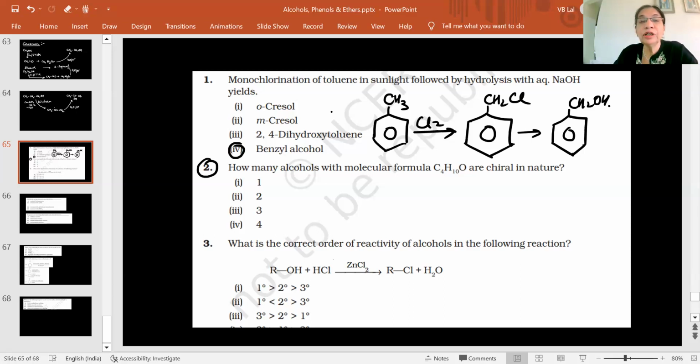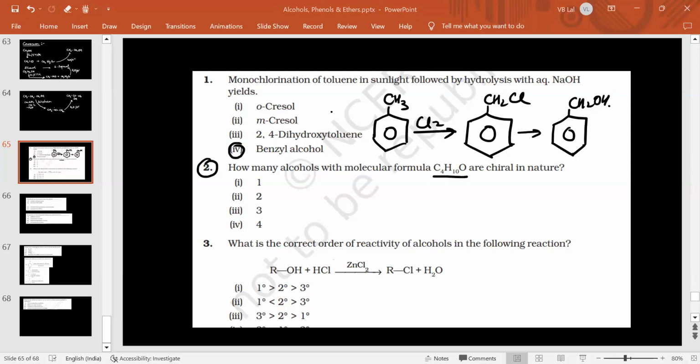First of all, tell me how many alcohols can you write with C4H10O? Can somebody tell me? Sai Kalyan, are you there? Yes, miss. Like 3 isomers.